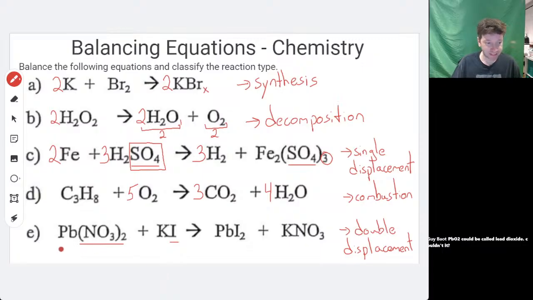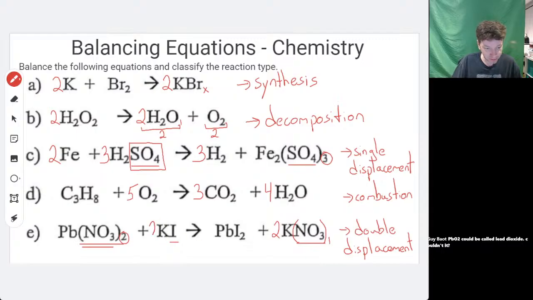Okay, so let's balance it. Start with lead. So 1 lead and 1 lead. That's good. Look at the nitrates separately. So we have 2 nitrates and 1 nitrate. Be careful, it's not 3. Look at the nitrates separately. It's just 1. So I'm going to put a 2 here. Now I have 2 potassiums and only 1 potassium.